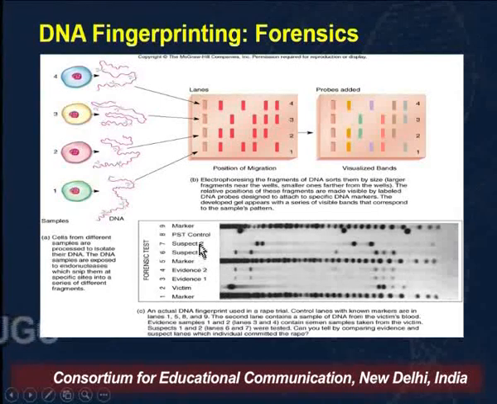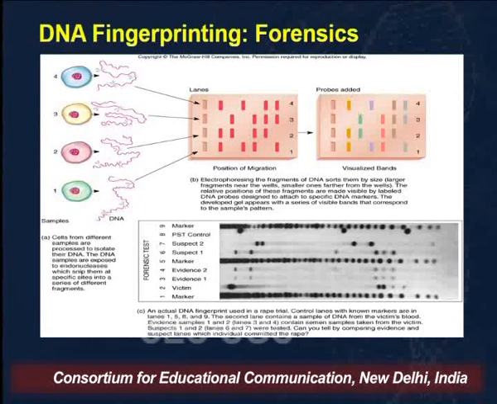Then you compare who would be the suspect in this case. At the crime scene, DNA, because it is a very sturdy molecule, can be isolated from any material, for example blood or hair, any material from a living organism, even from sputum or semen, wherever it is lying.